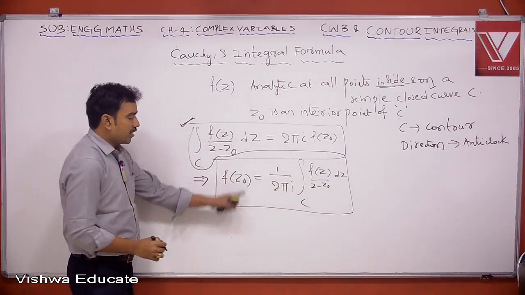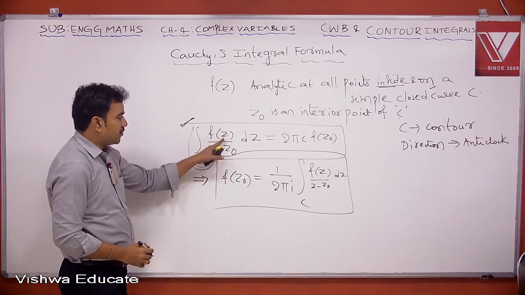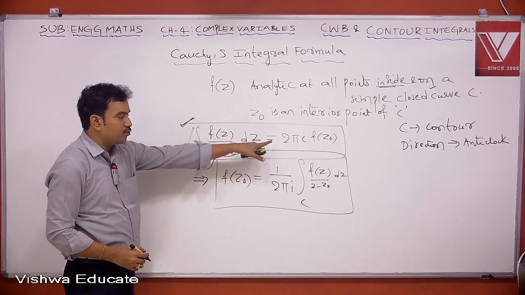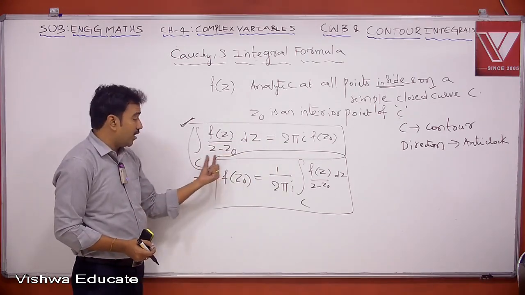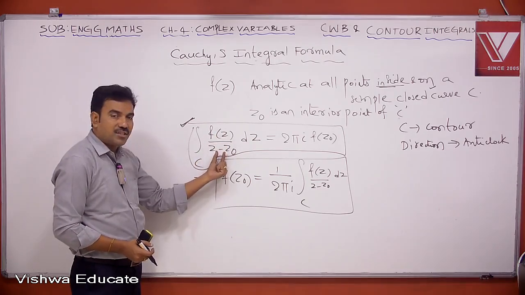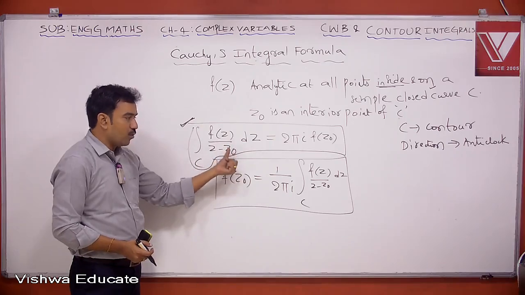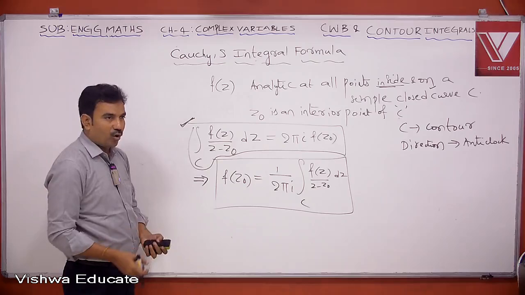Both are related to Cauchy's contour integrals. So integral f of z by z minus z naught dz is 2 pi i times f of z naught, if z naught is an interior point of this contour C and f of z is analytic at all points inside and on the boundary of the simple closed curve C. Of course, the default direction of the contour is anti-clockwise.